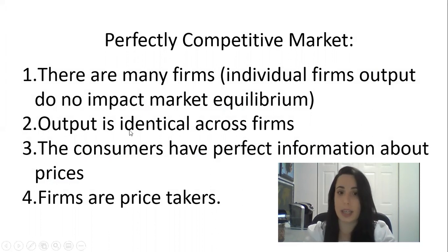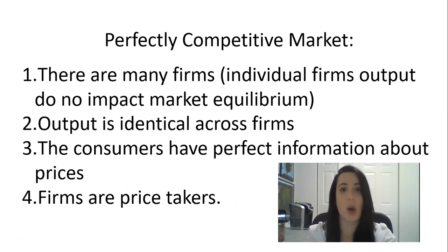Output is then identical across firms because all these firms have the same access to technological resources, they have the same access to inputs. And the consumers have perfect information about prices. So the consumers know everything about prices. And we also said that the firms in a perfectly competitive market are price takers.